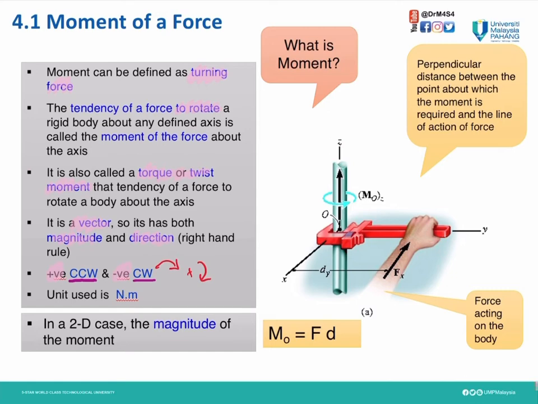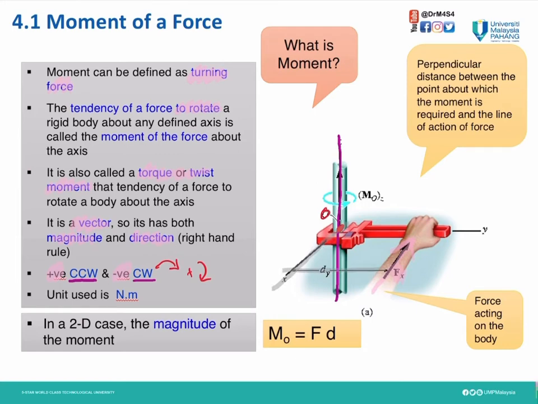As you can see here, when we are trying to twist this pipe, we apply a force, which we call Fx. The center of the pipe, on the z-axis, is the point O we twist about, and from there we know the distance, d.